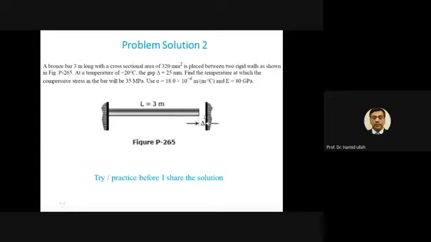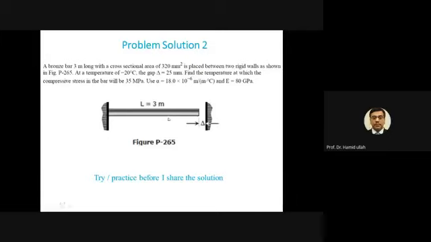The initial length is 3 meter, and when it expands to a new position, the final length is increasing, so there will for sure be a change in length, and because of that change in length, there will be strain. Since this change in length is because of temperature, you will call this strain thermal strain. But once this body reaches this support, the support is not allowing the expansion of the body, and that is the time stress will be induced in this body.